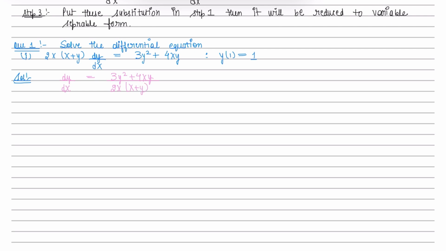And now we have to check if the right hand side of this equation is homogeneous or not. That is, we have to check if the numerator of this term is homogeneous or not and the denominator is homogeneous or not.